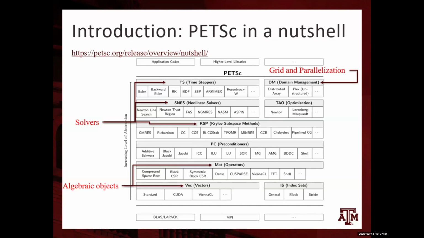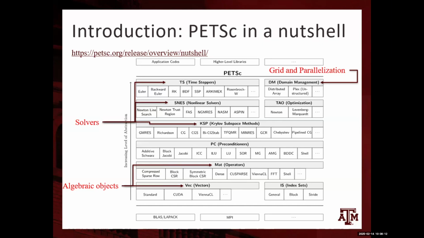It helps you manage the data structure, so you don't have to go and write your own MPI to manage the grid and parallelize your grid. So DM is for your domain management. It's your data structure and handles communications between different CPUs.